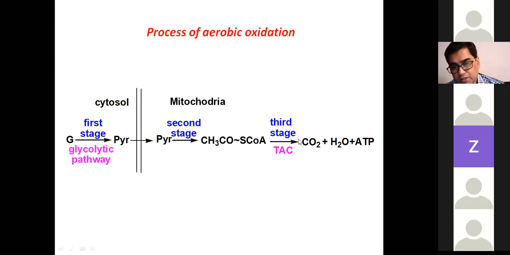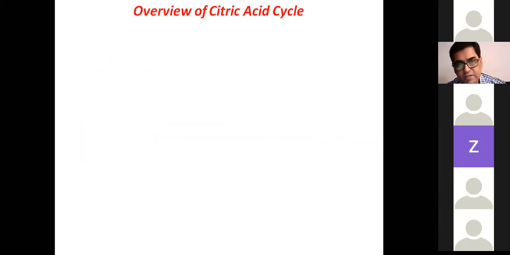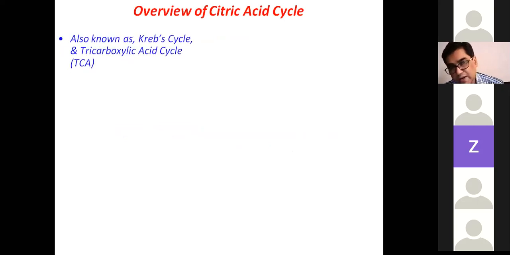And in the third stage, this acetyl CoA, this is TCA, not PAC, gives rise to some carbon dioxide, some water, some NADHs, FADHs, and GTP. So this is how. Now from here we will see what the Krebs cycle actually is.